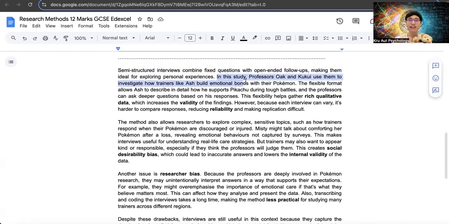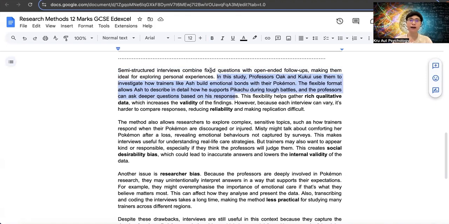So anyway, in this study, Professor Oak and Professor Kukwe used them to investigate how trainers like Ash build emotional bonds with their Pokemon. The flexible format allows Ash to describe in detail how he supports Pikachu during tough battles, and the professors can ask deeper questions based on his responses.